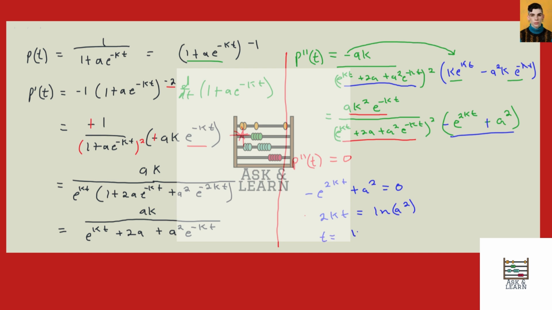So we get t is equal to the natural log of a squared over 2k. And then remember earlier we talked about how we can move that out front by one of the log rules. So we get 2 natural log of a over 2k. The 2's cancel out, and we get natural log of a over k.